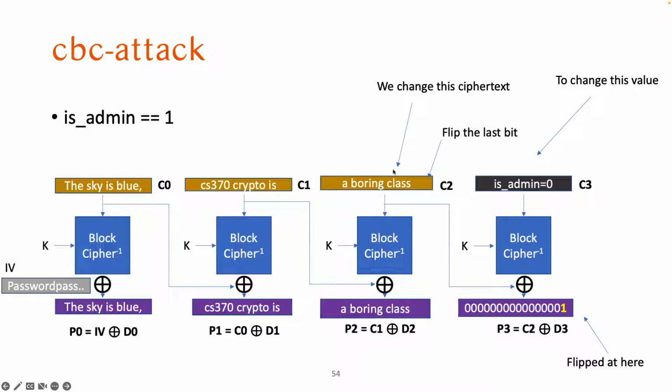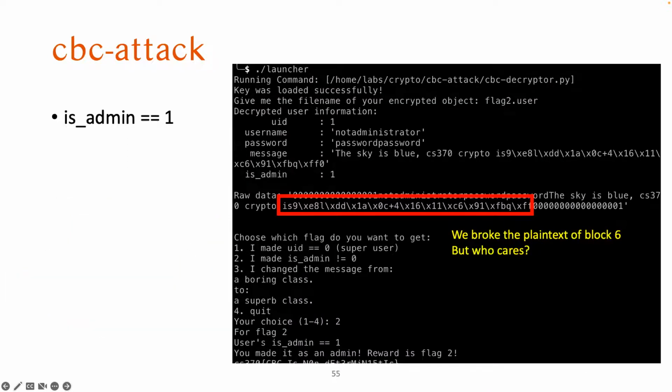If we play with that ciphertext, we cannot ensure what that message will be decrypted to. But in this challenge, we don't care about that. What we care about is the value of isAdmin.